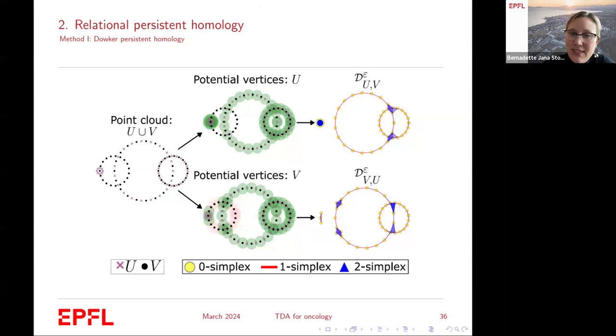Now we can, of course, also do this on the other vertex set, where we can see that in a way the simplicial complex highlights the shared features, and it doesn't build edges on features that are not shared. Now, the nice thing is that Dowker showed that it doesn't matter if you choose U or V, you're going to get the same homology on the simplicial complex, and this was later extended for Dowker filtrations. You're going to get the same persistence diagram for both choosing vertices in U and vertices in V.